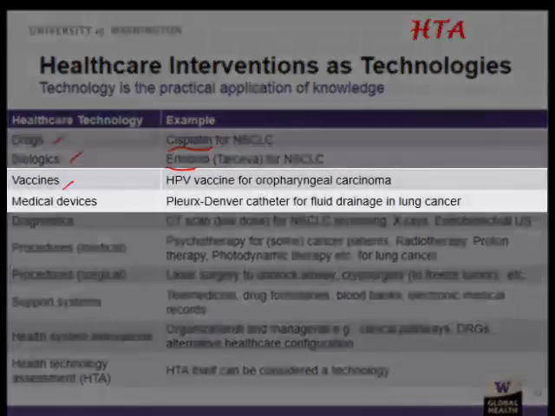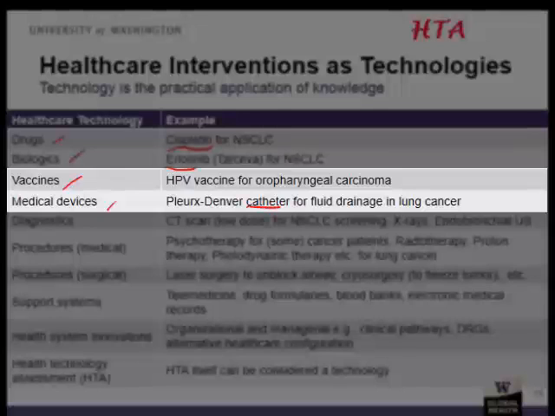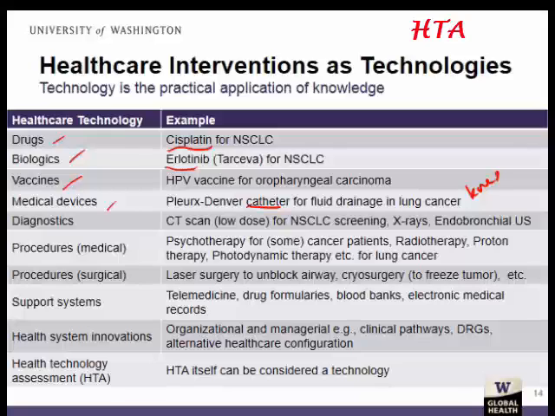Then you can have vaccines and devices. Maybe you have a catheter for fluid drainage, or you have a knee replacement device, or you have an intramedullary nail for repairing a fractured femur.